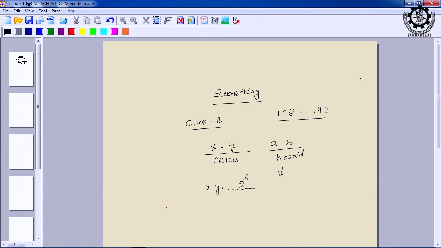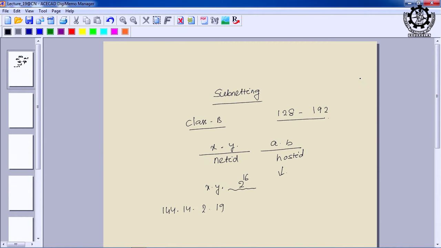So, if an IP address that comes with 144.14.2.19, let us say, a datagram comes to a network and it reaches the router R1. When the datagram comes to R1, this R1 knows that it is connected to a network whose address is 144.14.0.0.